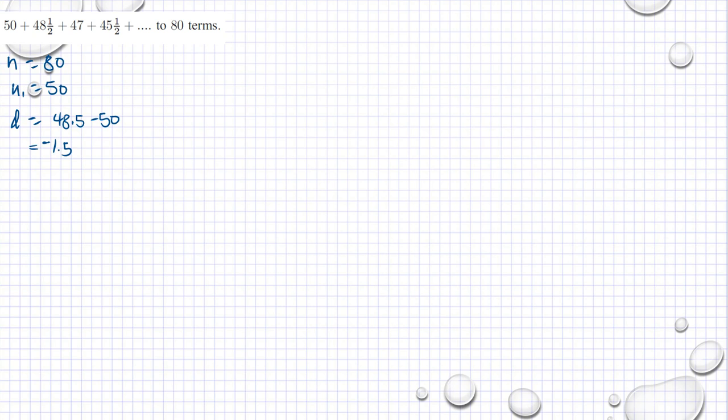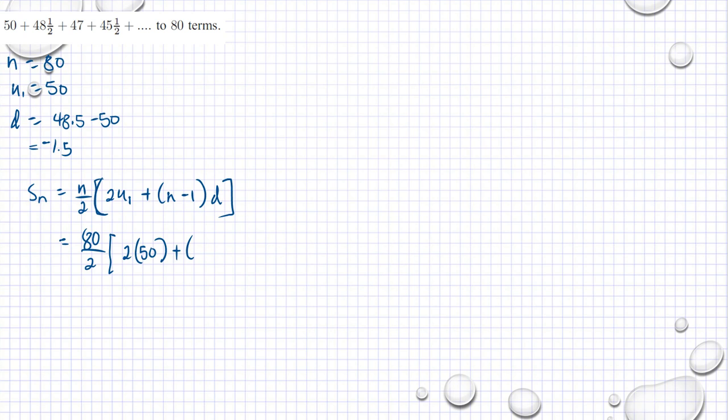Because we don't have u sub n, we cannot use the first formula. The second formula is what we're going to use. We have n divided by 2 multiplied by 2 u sub 1 plus n minus 1 multiplied by d. So we have 80 divided by 2 multiplied by 2 times u sub 1, which is 50, plus 80 minus 1 multiplied by d, which is negative 1.5.